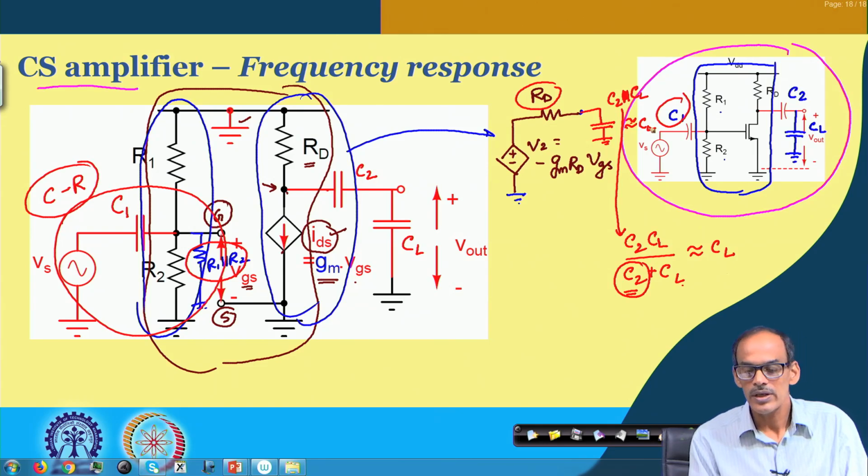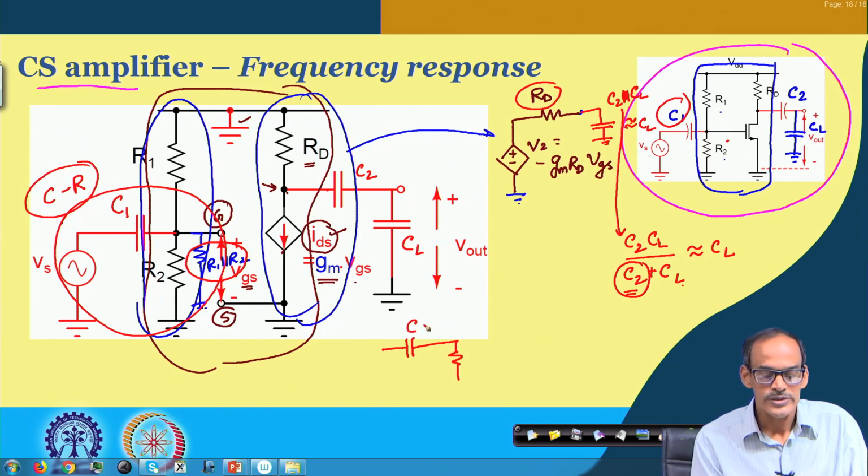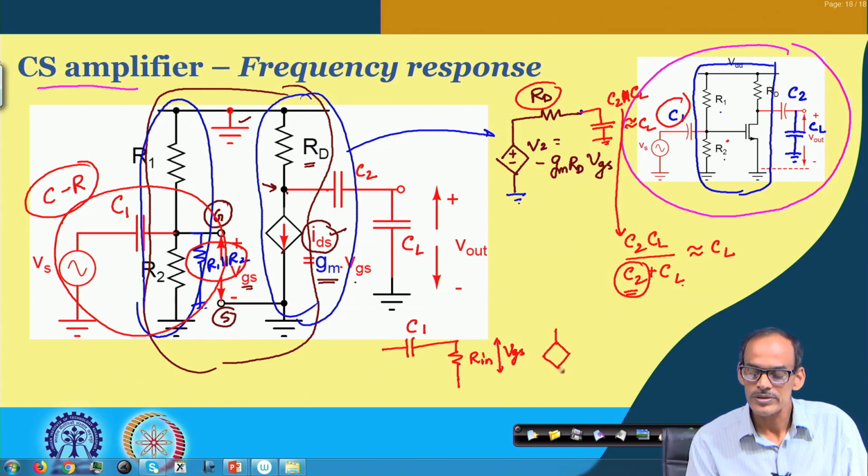So, what we are getting here is that the amplifier can be translated into that unified model, which we have discussed just now before the short break, where it has C1, then Rin, and across this Rin the voltage is VGS, and that VGS is generating a voltage which is minus gm into RD times this VGS.